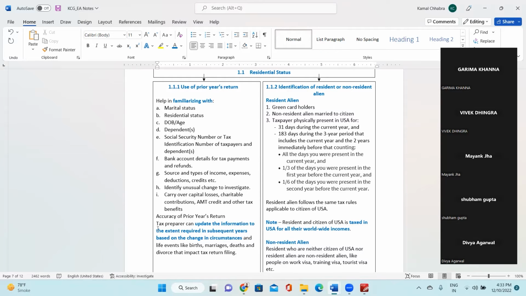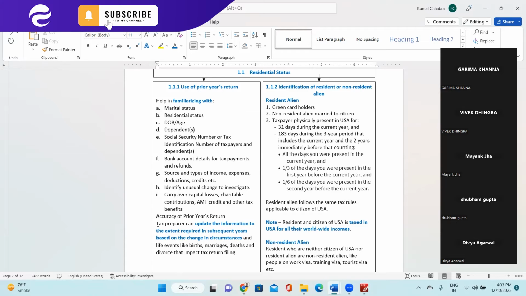I'm going very slow, but if you still have any challenge or doubt, just let me know. For example, if you went to the United States of America on a tourist visa and got married to a US citizen, then you will be considered a resident of the United States for tax purposes. As simple as that.